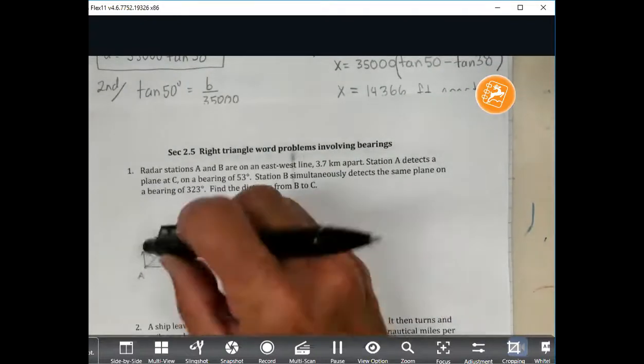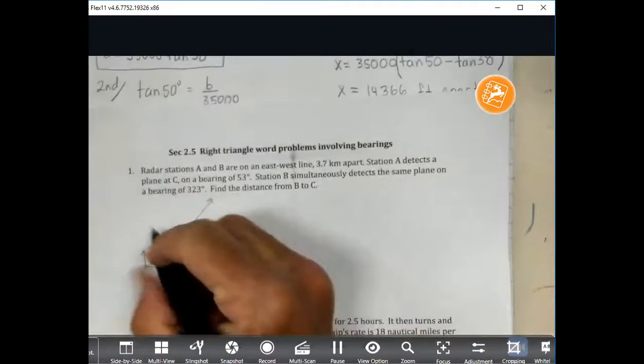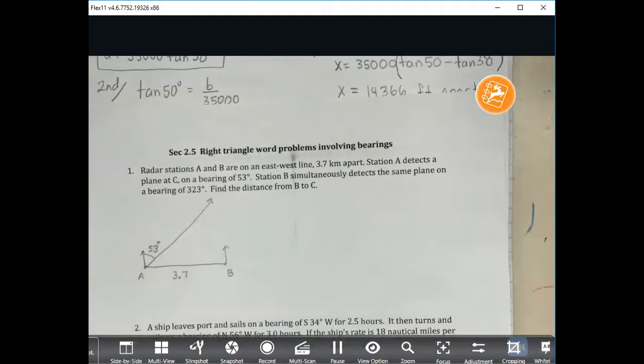Uh, 53, sorry. Okay, now we're on the bearing from point B and we need to draw an angle of 323 degrees. That's not quite all the way around back to that north line. All the way around back to that north line is 360, so I'm short of 360 by 37 degrees.